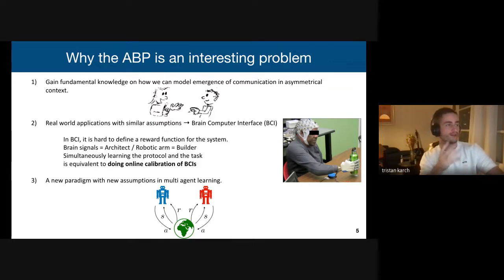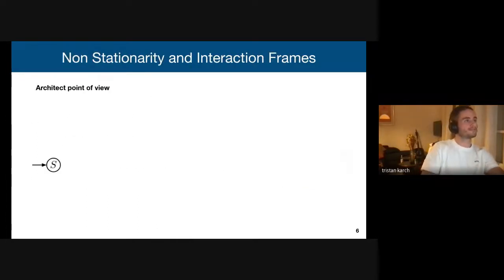And in our new setting, I just want to remind you that the builder never sees the reward, and the architect never acts in the environment. So I hope that with these few slides, you have a good setup for the rest of the presentation, because now Paul is going to talk about the solution that we propose to this problem and the results that we got.